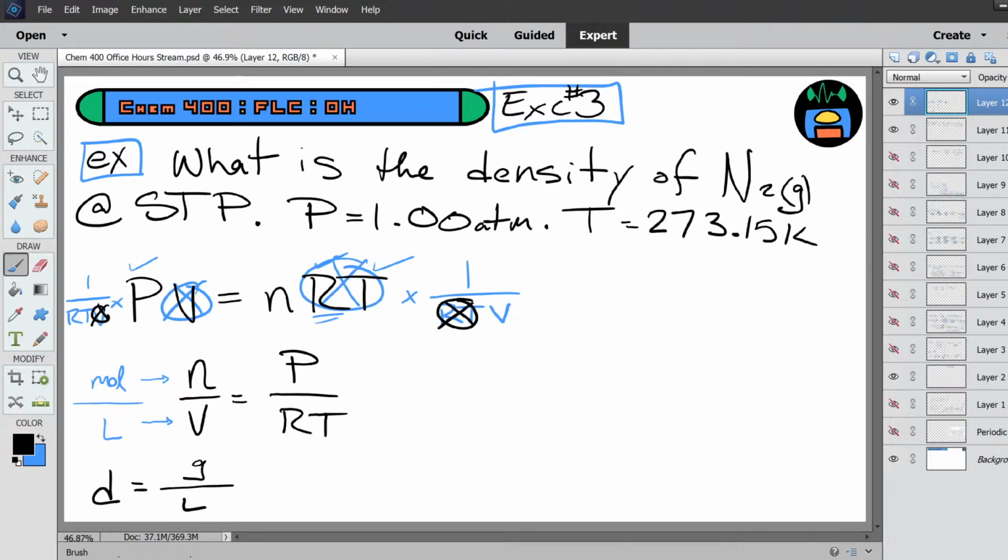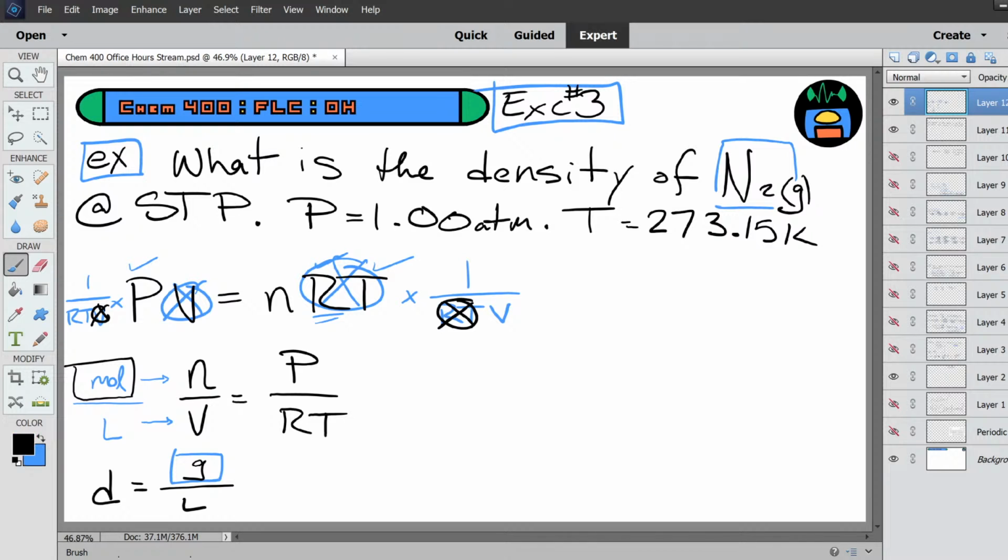The only difference between density and what we have here is that density has grams in the numerator, whereas right now we have moles in the numerator. Can you convert from moles to grams for a sample of N2? You totally can. You use the molecular mass.